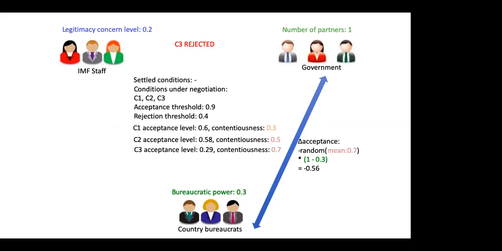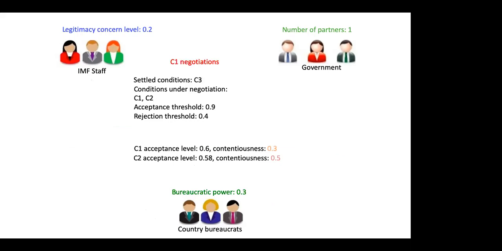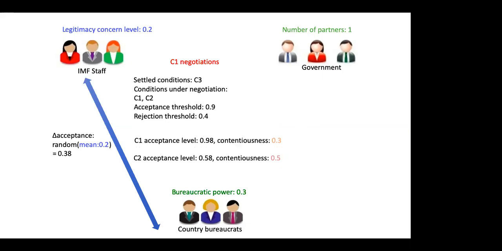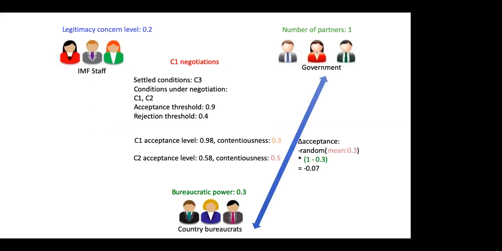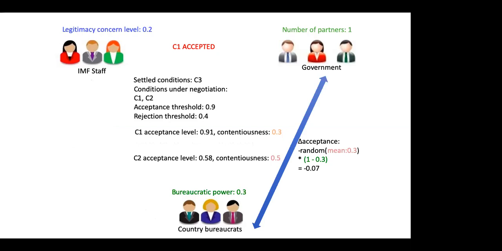So negotiations proceed only with C1 and C2 from this point on. Again, C1 is negotiated, its acceptance level increases by 0.38 first, and then decreases by 0.07, which sets the acceptance level to 0.91, resulting in the acceptance of C1.